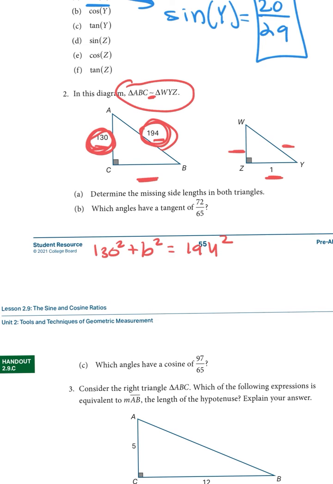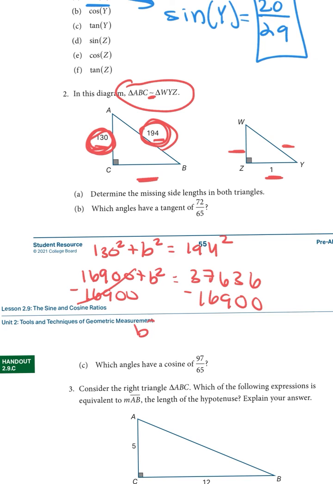Okay, so 130 squared is 16900 plus b squared is equal to 194 squared, which is 37636, and we're solving for b, so subtract that, and then we get that b squared is equal to 37,636 minus 16,900, I get 2736.